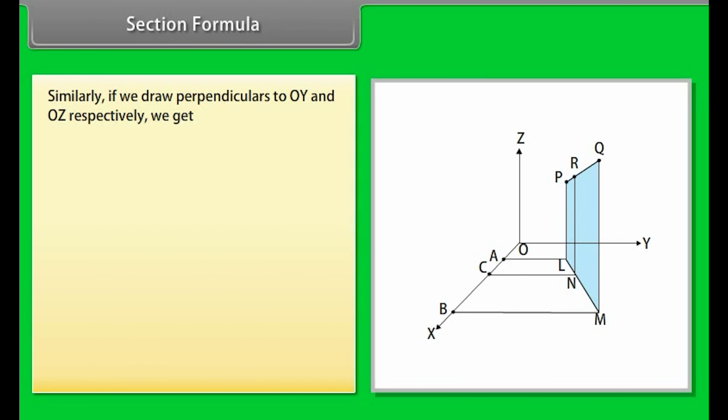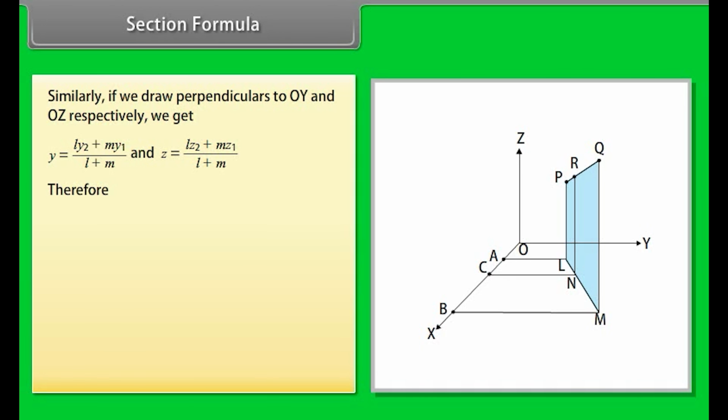Similarly, if we draw perpendiculars to OY and OZ respectively, we get y is equal to (Ly2 plus My1) divided by (L plus M), and z is equal to (Lz2 plus Mz1) divided by (L plus M).